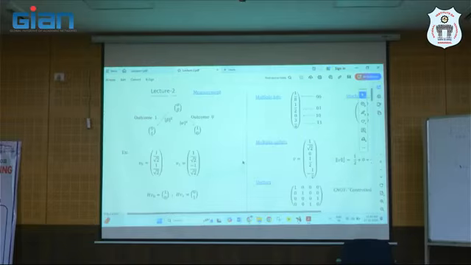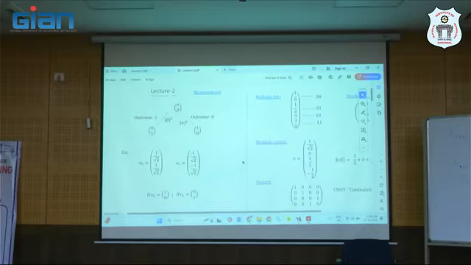The word used is collapse. It collapses to 0 with probability mod alpha square, collapses to 1 with probability mod beta square. Measurement. Okay. Any questions? That is measurement.